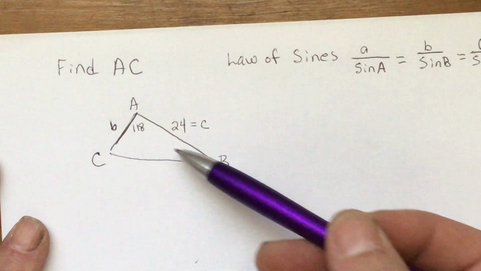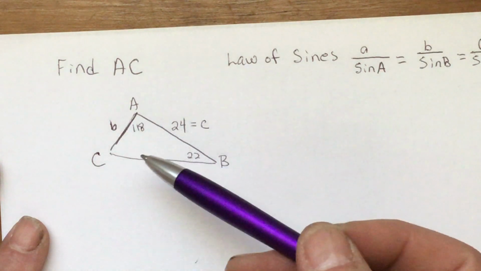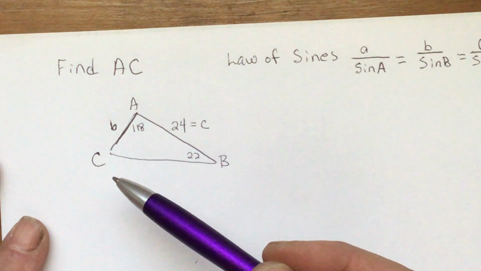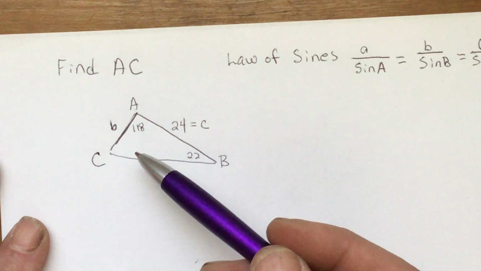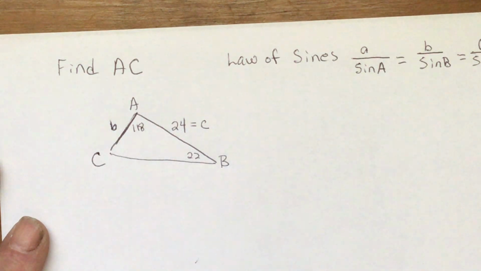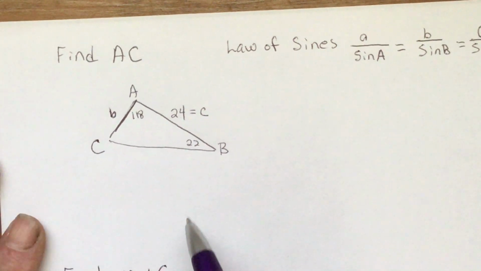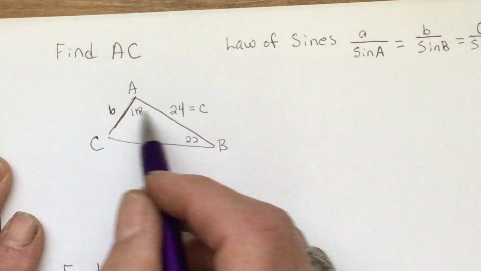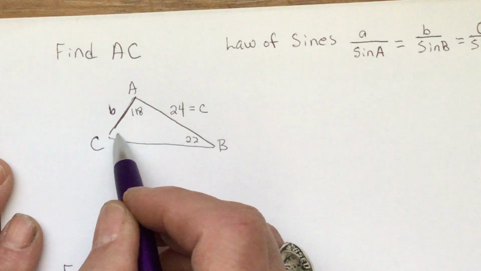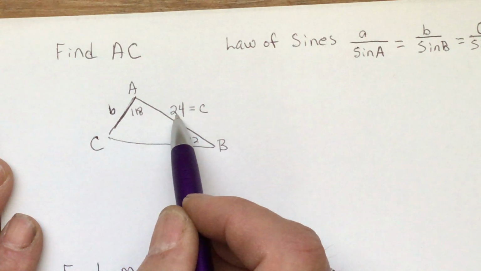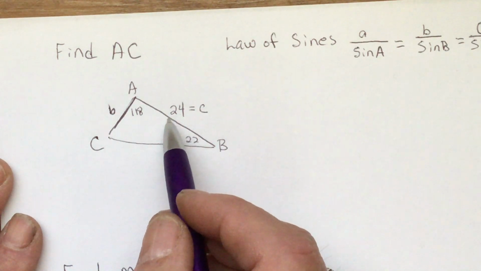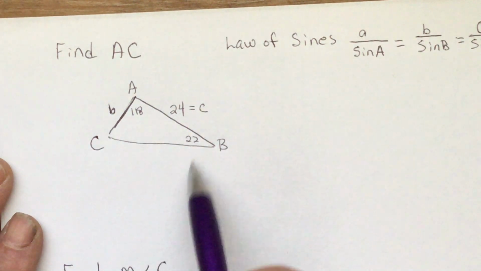I've got an angle and no measure for B, and I've got a measure but no angle for C. I need two angles, and then I can solve for the missing side. Fundamentally, there's something we need to do to begin with. We need to find out how much angle C is, because it corresponds to the side that we do have a definite measure for. So how much is angle C?